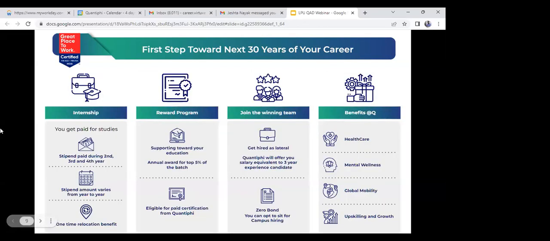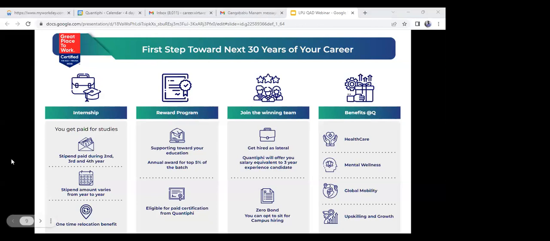Right. So what do you get by enrolling in this program? You have joined this program, spent 2 years on campus and 2 years at Quantifi. What next? You get paid a stipend while you are doing your internship.